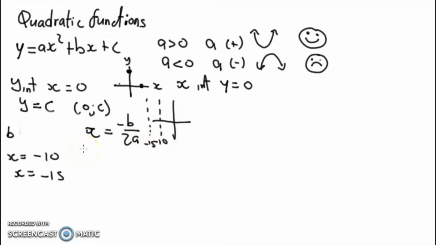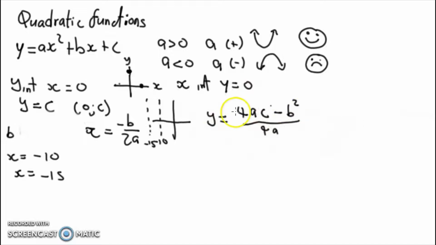So the axis of symmetry is dependent on b, and b also affects the y value of the axis of symmetry. The y value of the axis of symmetry is 4ac minus b squared over 4a. So if you change this value here, it's going to change the numerator and ultimately change the y value.